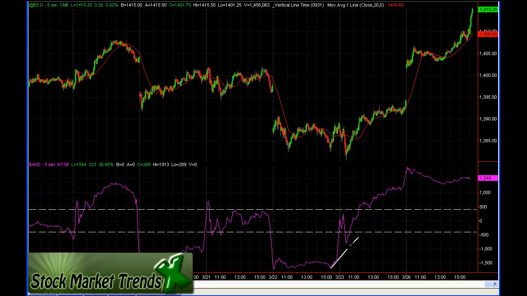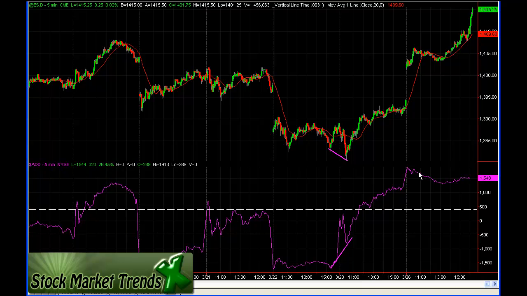It's actually diverging, and all divergence means is price is going one way, and what you're measuring against it with is going the other way. Notice here how the advanced decline line didn't commit to the downside as much as the previous day. And then it committed here on the upside, and look how it just grinded out the day.